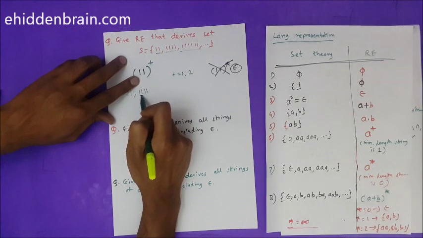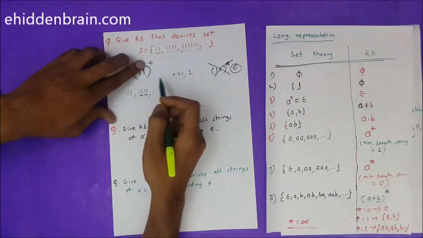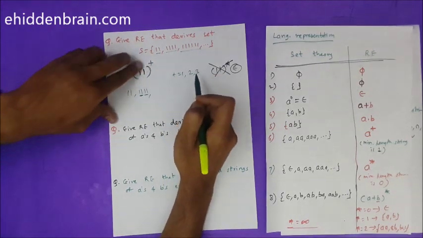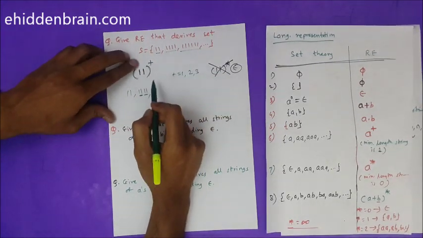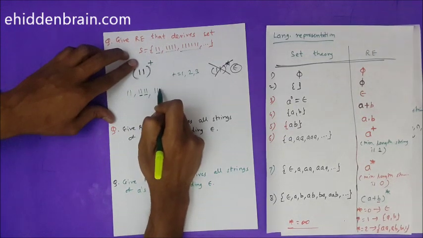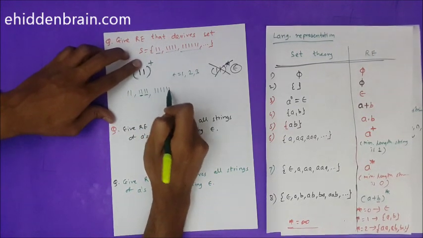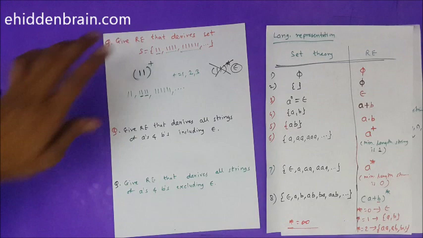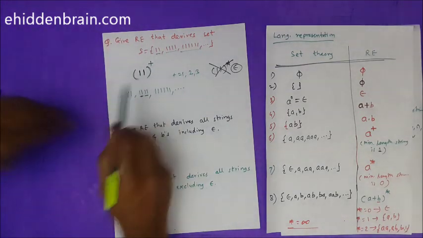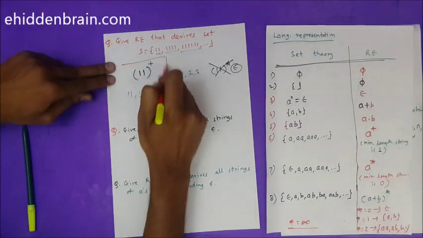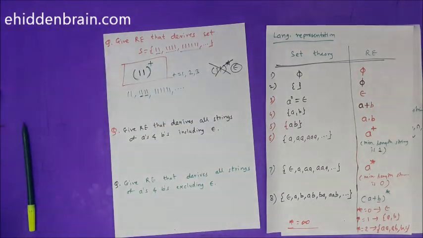So this is the first time you got, this is the second time you got. Similarly, if plus is 3, it means 3 times you have to go, and each time you take this complete string: 1 1 first, then again 1 1, and then again 1 1. That way you can see that an even number of ones will be generated using this regular expression, and hence this is the required regular expression.